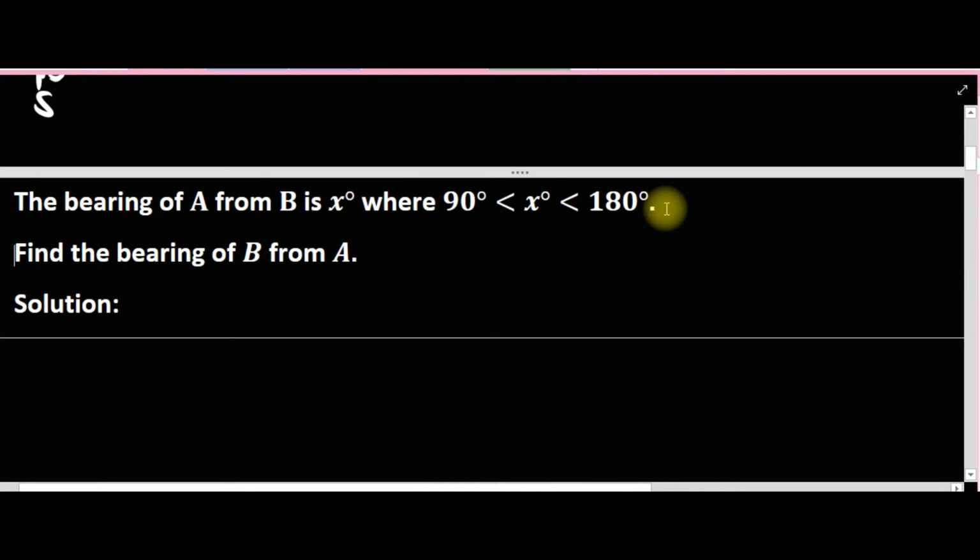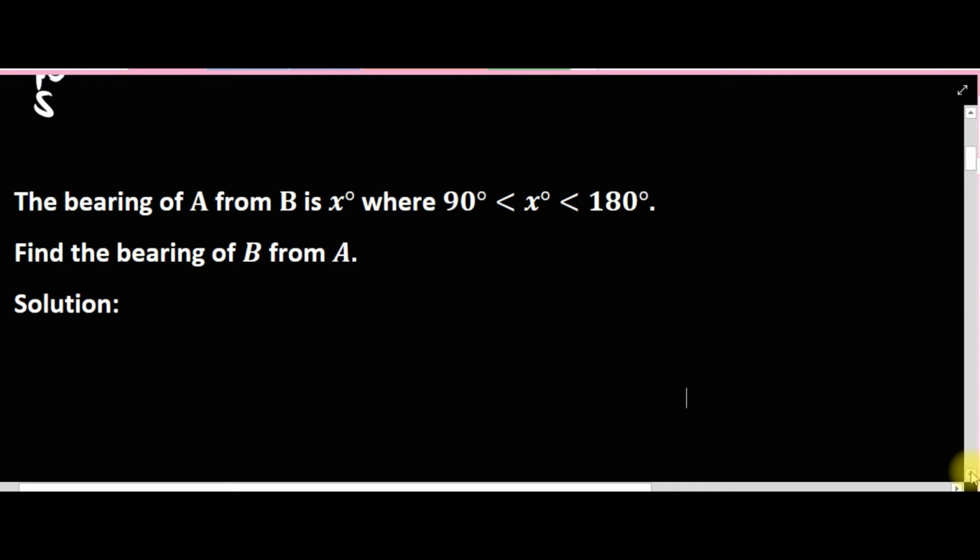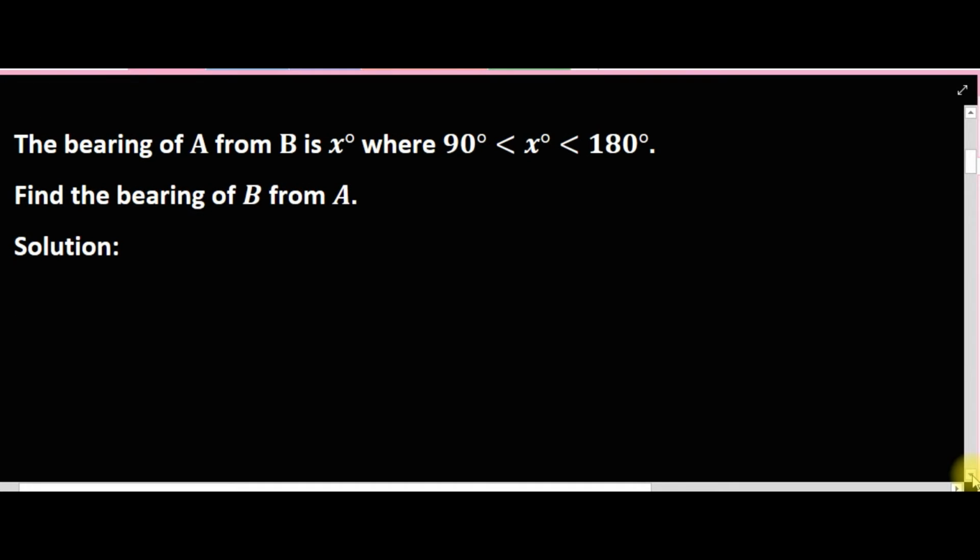The bearing of A from B is x degrees, where x is a number between 90 and 180. It's very important because x could be anything, but they gave us the boundary so that we'll be specific. This means second quadrant. So we have something like this: north, south, east, west.